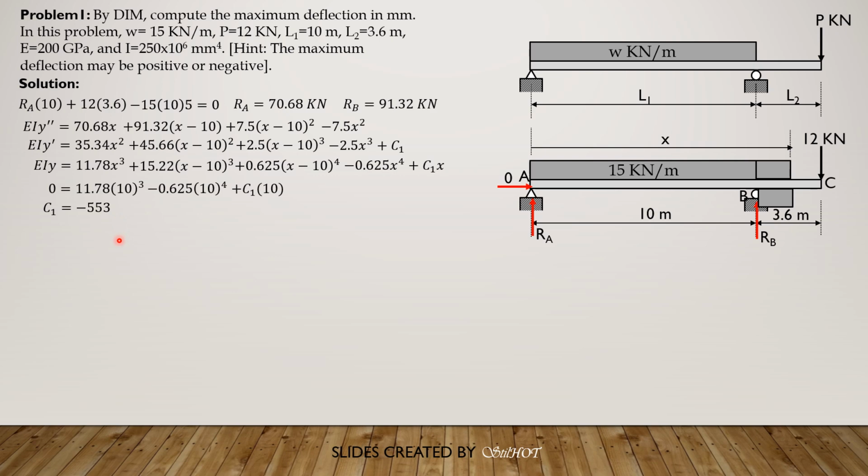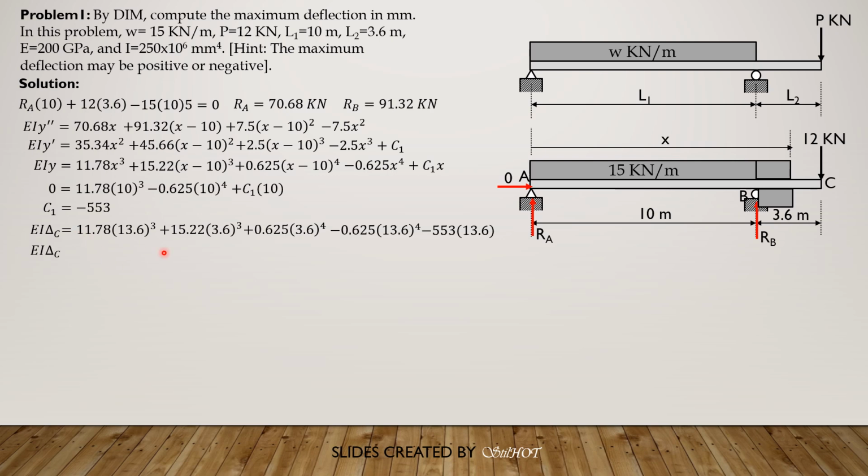Then we can now evaluate the deflection at C first. Because this is one possibility of the location of maximum deflection, we set X is 13.6 into this equation for EI Y. So 11.78 times 13.6 cubed plus 15.22 times 3.6 cubed plus 0.625 times 3.6 to the 4th, then minus 0.625 times 13.6 to the fourth, then plus negative 553 times 13.6.